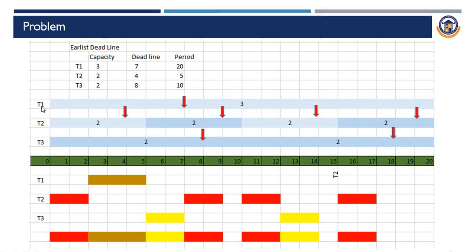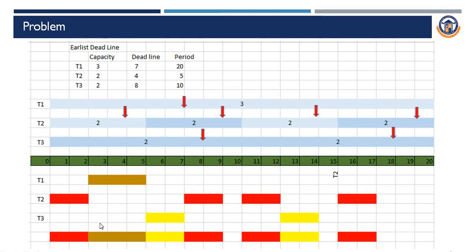For T1, the period is 20, and it has to process 3 units. Then T2, for every 5, because 20 will be divided into 4 fives: 0 to 5, 5 to 10, 10 to 15 and 15 to 20. For each 5 units, it has to process 2 units. For T3, for each 10 units, it has to process 2 units.